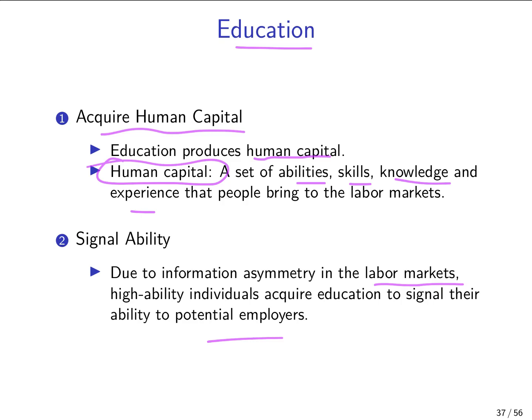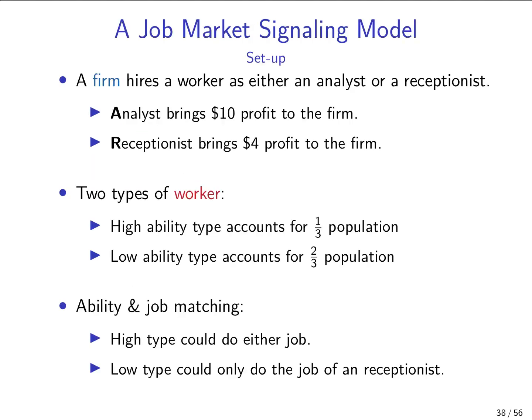We know about our ability better than potential employers, but because of the asymmetric information, the employer may not know or may not be convinced of our ability if we just tell them. So education provides an instrument or a way for high ability individuals to signal their ability to potential employers. And we could look at a simple job market signaling model.